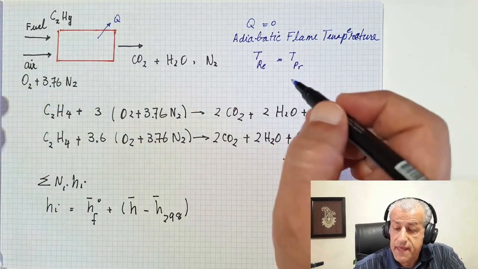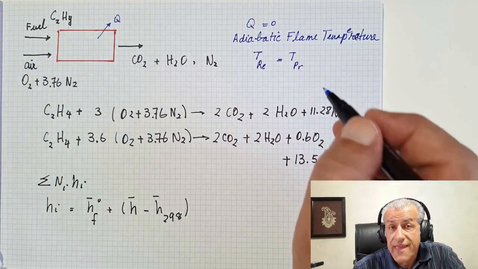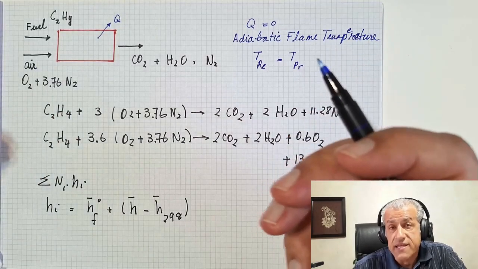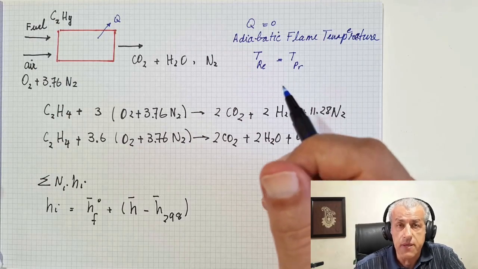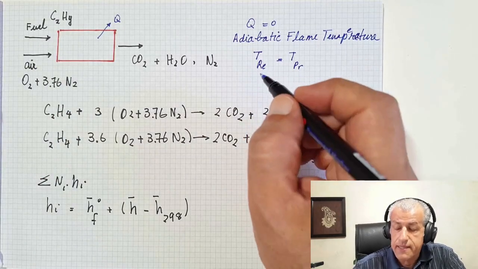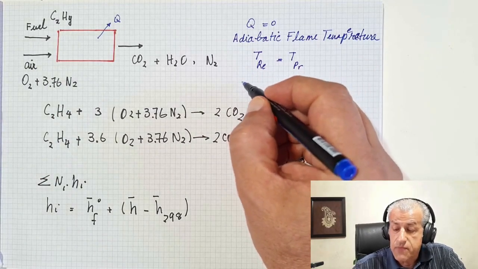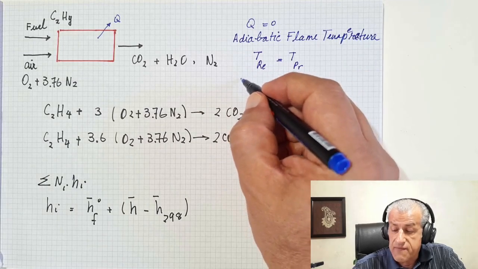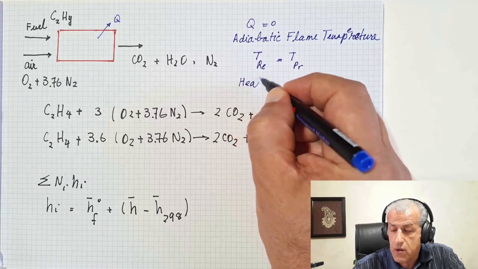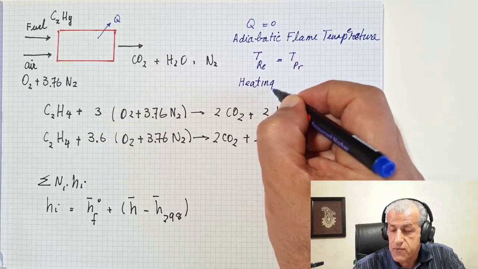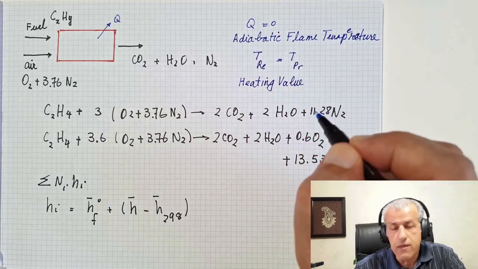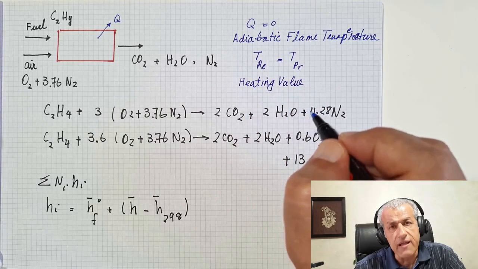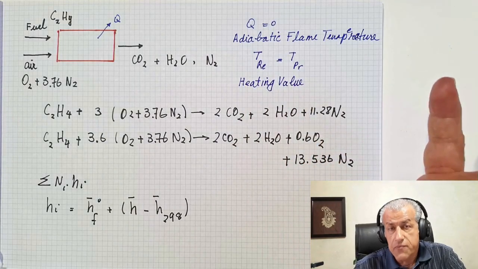And therefore, that heat which is collected is the maximum heat possible to collect, and that would be called the heating value. That is the heating value that is known.